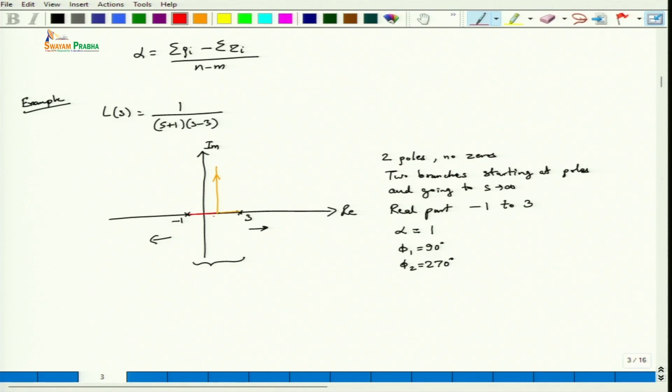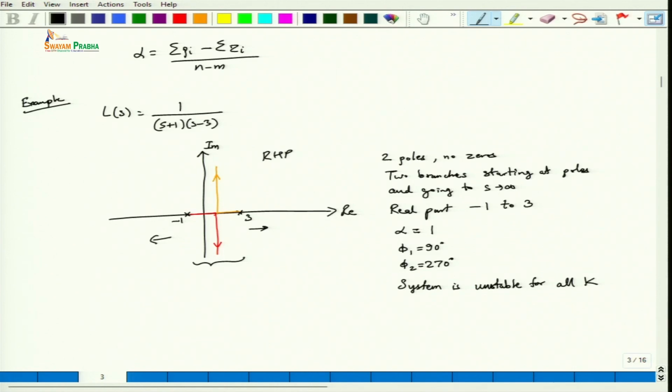The other one starts from here, goes 270 degrees. Here you will see in this example that this particular system is unstable for all k, as for each value of k, the location of the closed loop poles lies in the right half plane.